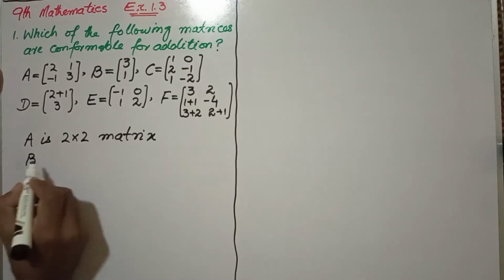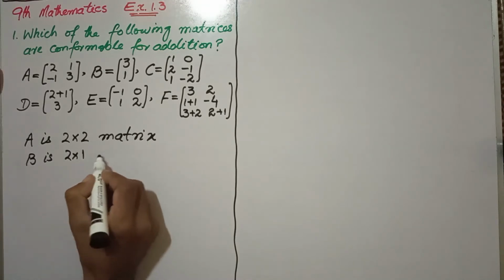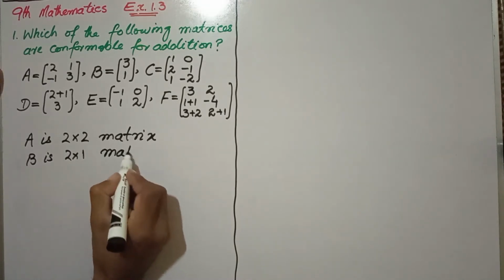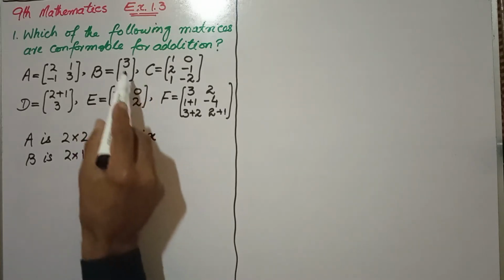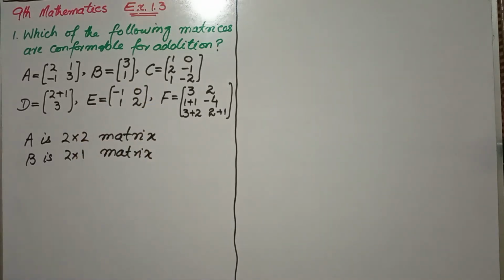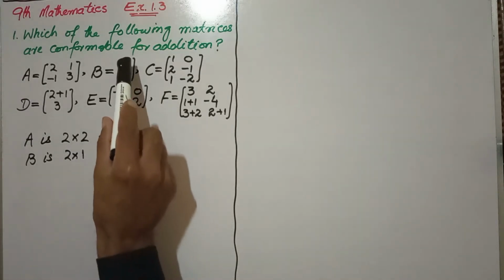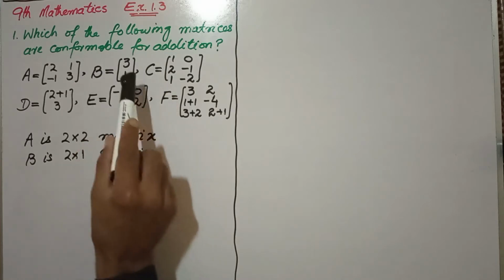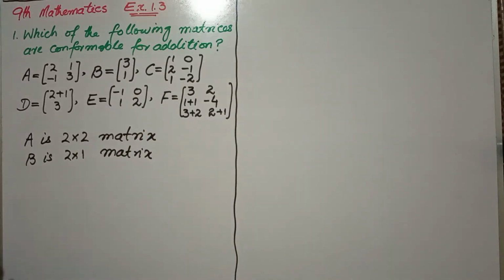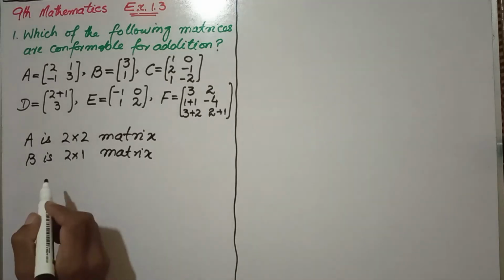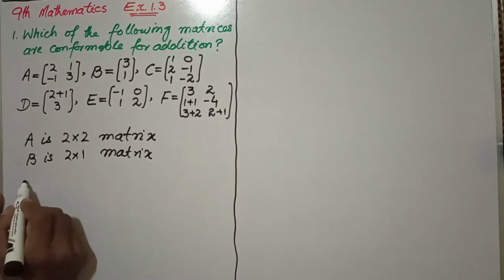Similarly, B is a 2 by 1 matrix because B has 2 rows and 1 column. In the order, first we write the number of rows and then the number of columns. In this case, we have two rows and 1 column, so its order is 2 by 1. Now, since the order is different, the matrices A and B are not conformable for addition.